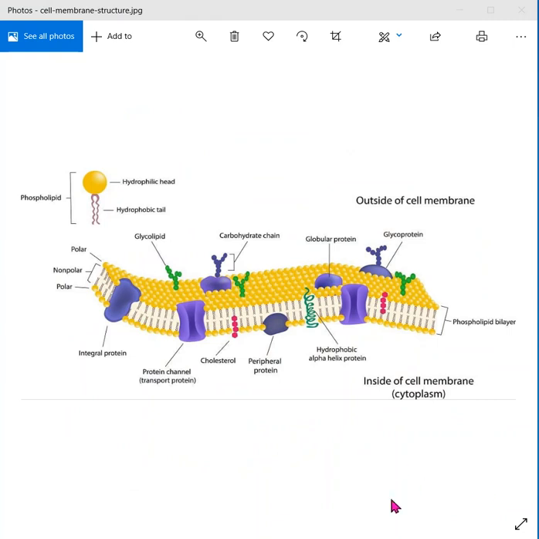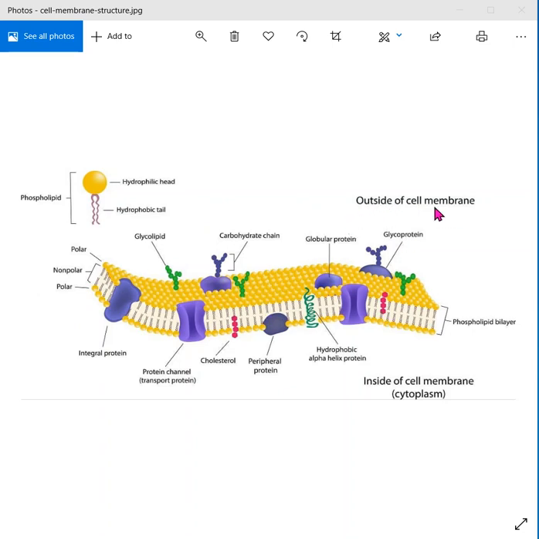All right, so what you see right here is a molecular level structure of the cell membrane. It's very interesting and complex as well. So look at a piece of the cell membrane. It looks like a kind of sandwich model.